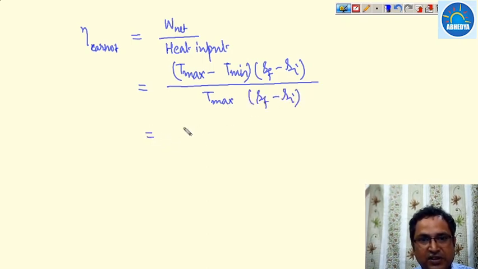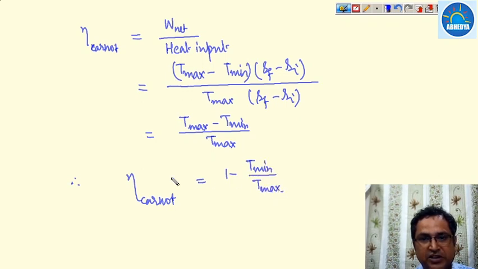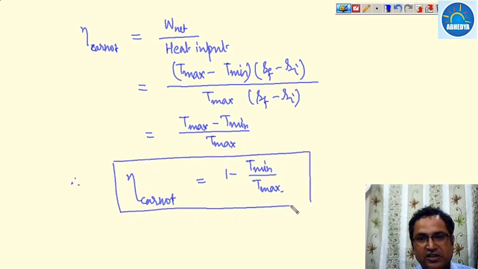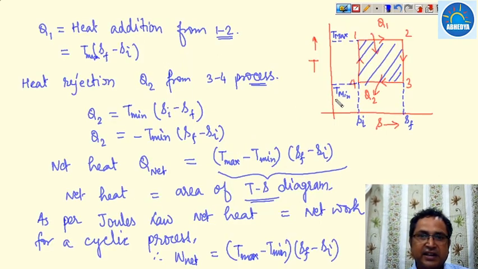So this gives me T max minus T min divided by T max. Therefore, the efficiency of Carnot is nothing but 1 minus T min by T max. This is the efficiency of a reversible Carnot. Okay, that we have already seen.